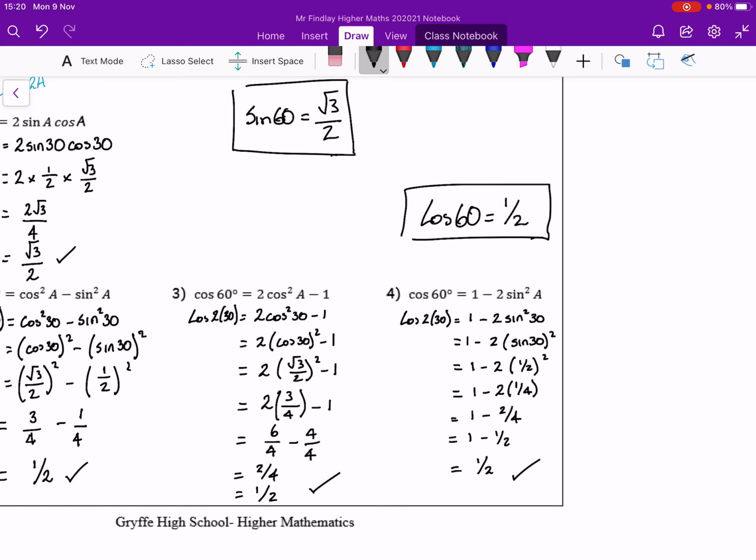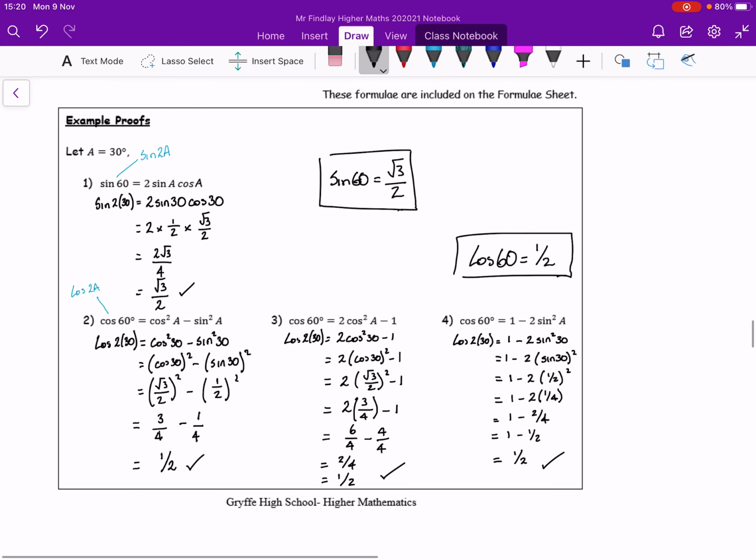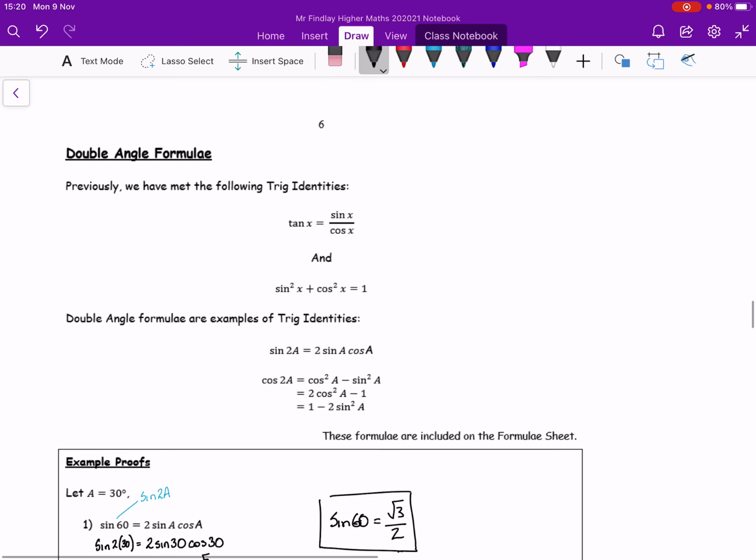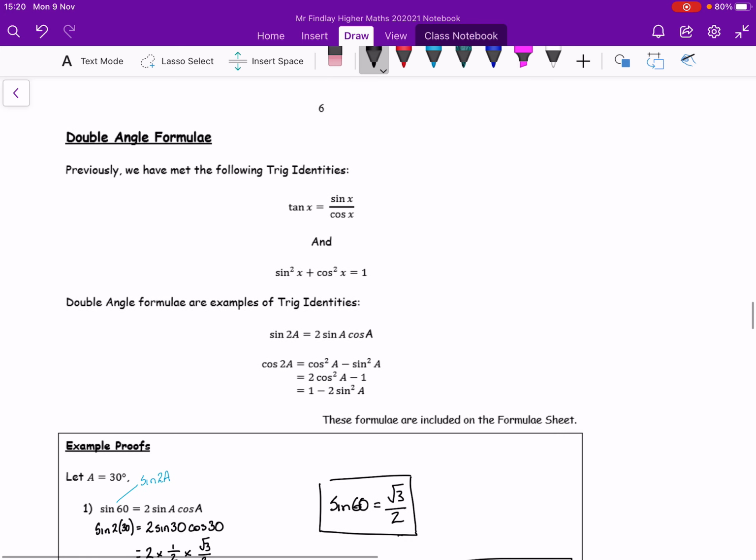As expected, so that is some examples of our double angle formula.